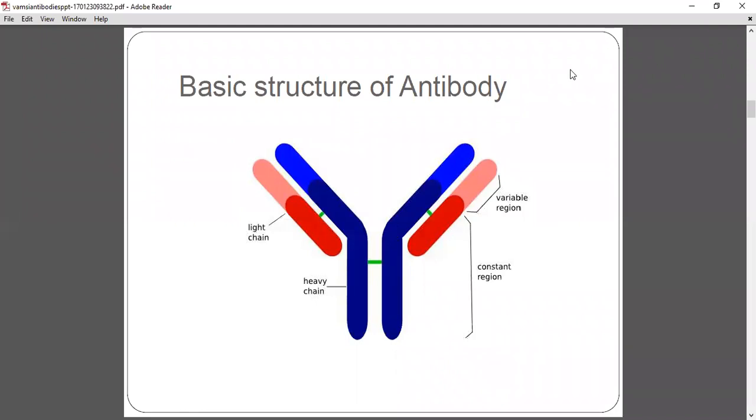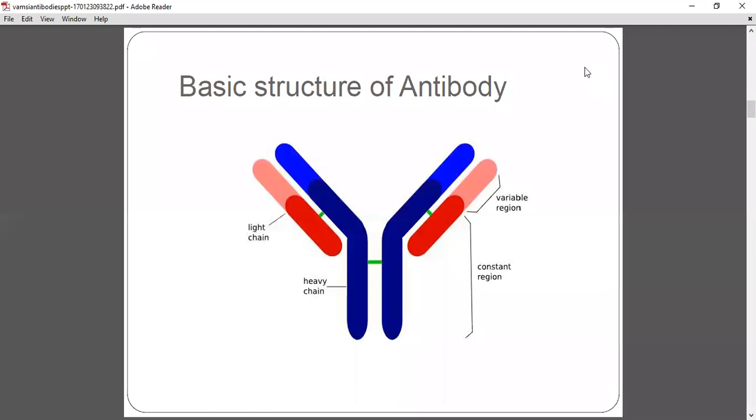because within the variable region is that portion of the antibody that will make contact with your antigen in 3 or 4-dimension configurations. The heavy chains tend to give structural function to immunoglobulin, whilst also giving you some degree of biological activity.